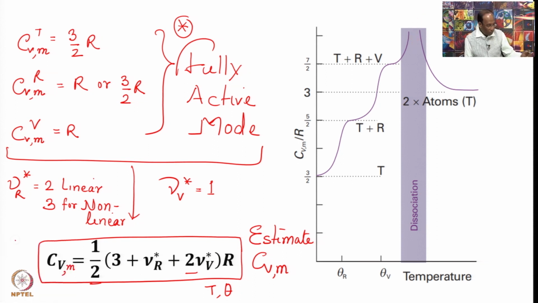What you have is X2, a diatomic molecule, dissociating into 2X. That means what you are getting in the end is 2 times atoms, and an atom will only have translational degree of freedom.